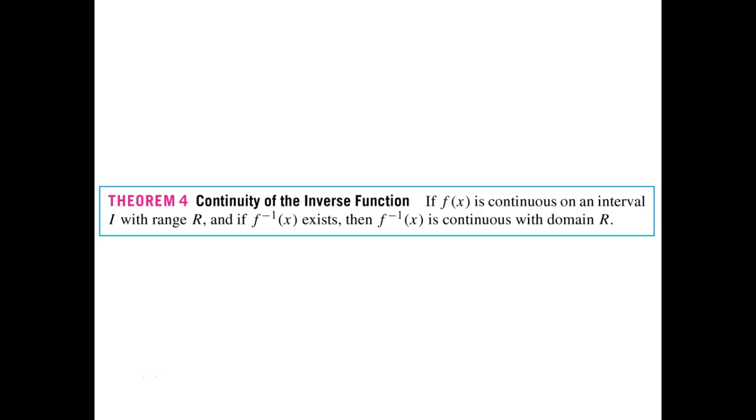Now, if f is continuous on that interval, and if f inverse exists, now there's a big if there. Can anyone tell me where f inverse could not exist? What has to be true about f to make sure it has an inverse? What were you going to say?